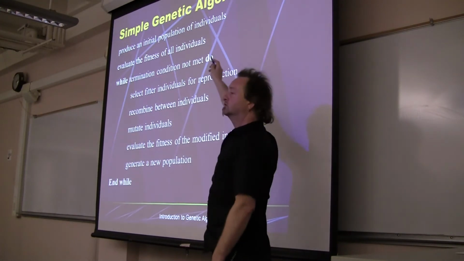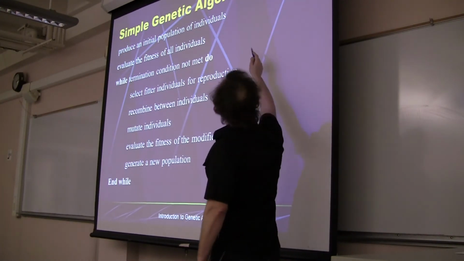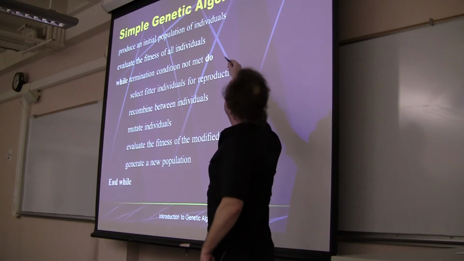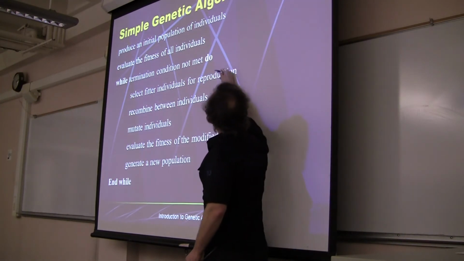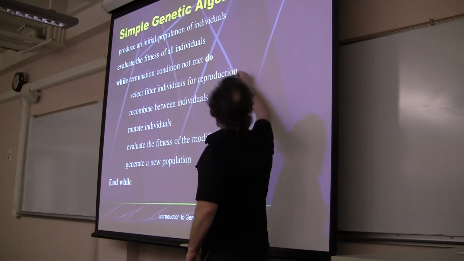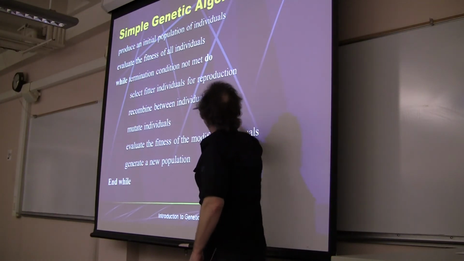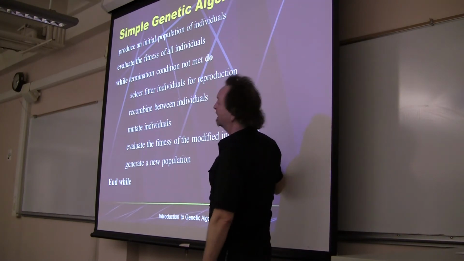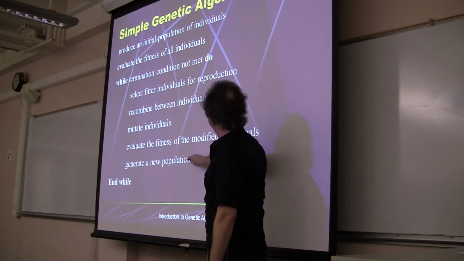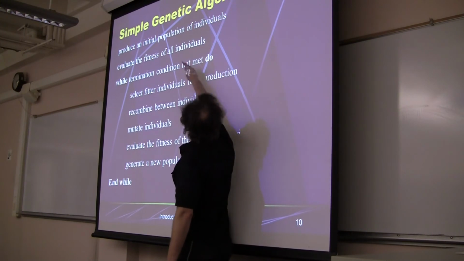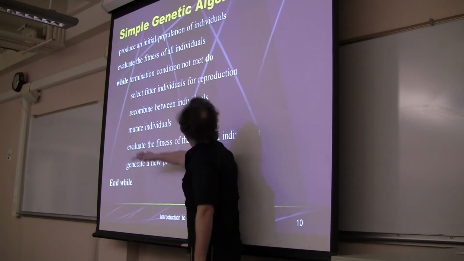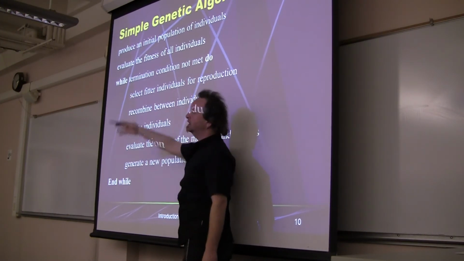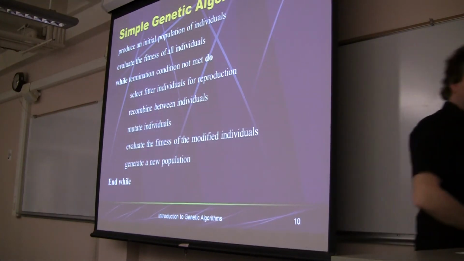Usually these are rubbish, they don't work very well. We evaluate how good they all are, then we see which ones survive, we let them breed, we mutate, and we see how good our new solutions are and generate a new population, then go back and go through generation after generation of solutions.